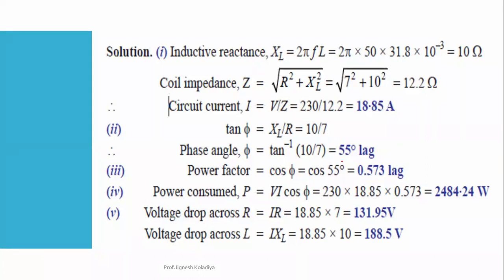Keep in mind that whenever you write the angle and power factor, do not just write 55 degree and 0.573, but mention whether it is leading or lagging. Since it is an RL series circuit, you have to specify that it is lagging.